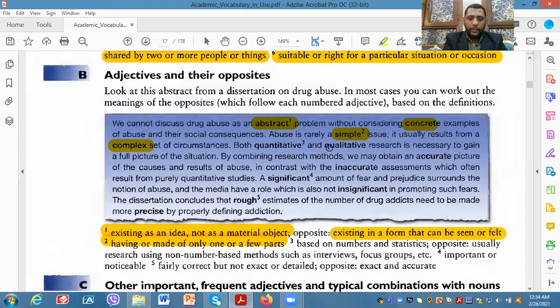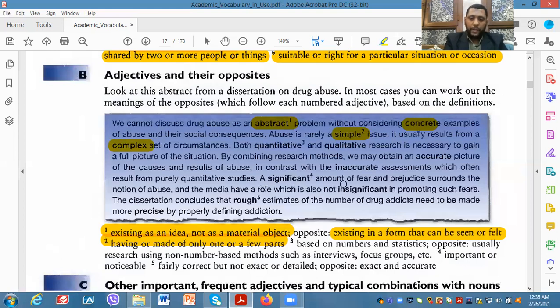Both quantitative and qualitative research is necessary to gain a full picture of the situation. By combining research methods, we may obtain an accurate picture of the causes and results of abuse, in contrast with the inaccurate assessments, which often result from purely quantitative studies.